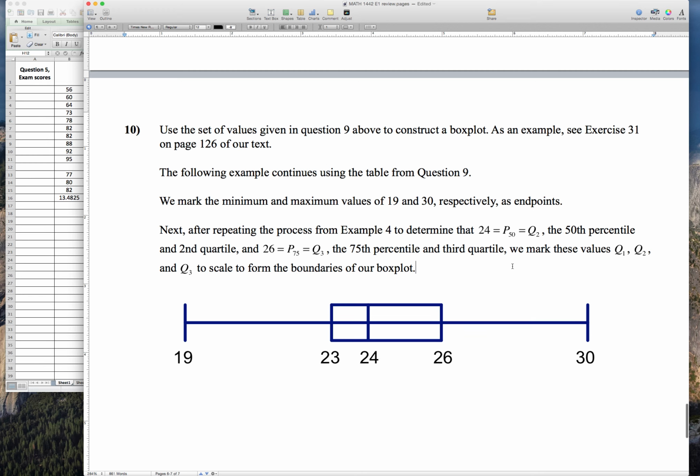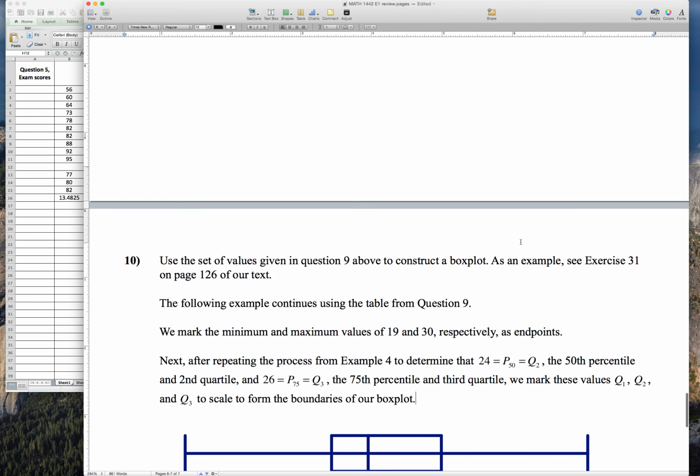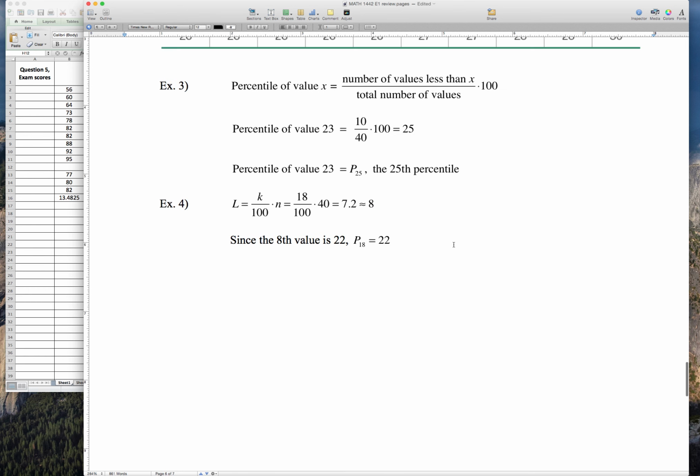So to do this, we find the 50th percentile in a fashion similar to what we did here, and we find the 75th percentile.